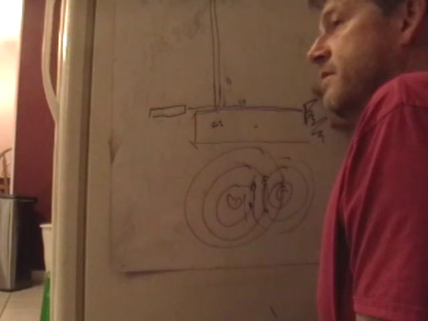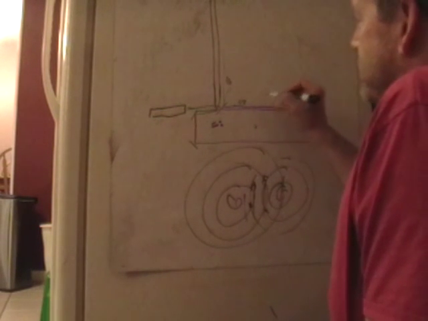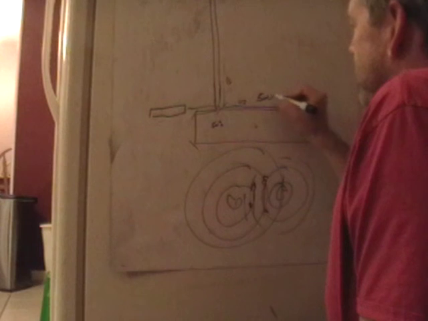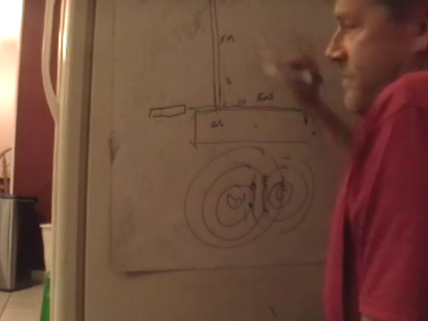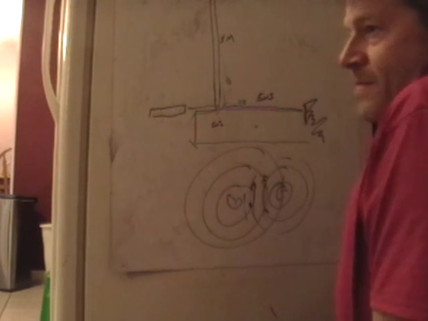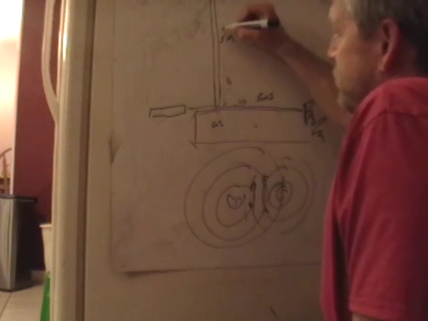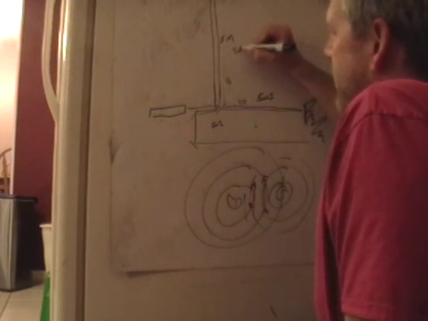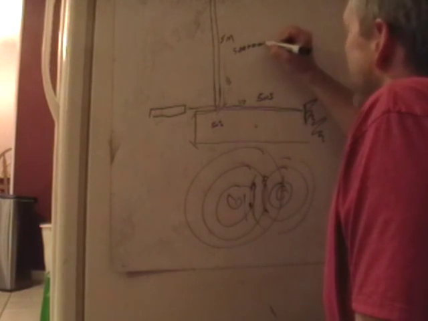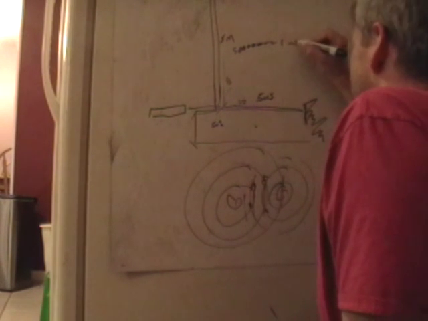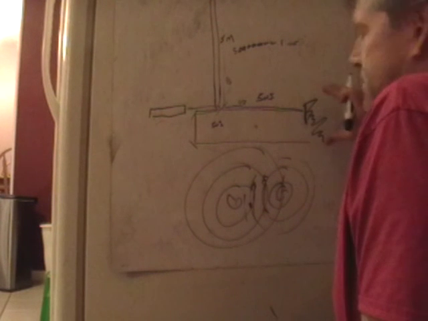Nothing's moved. So if this is like 5 miles, and this is like 5 miles, and there's an earthquake, and this distance changes to 5.000000001 miles, the interference pattern changes, right?